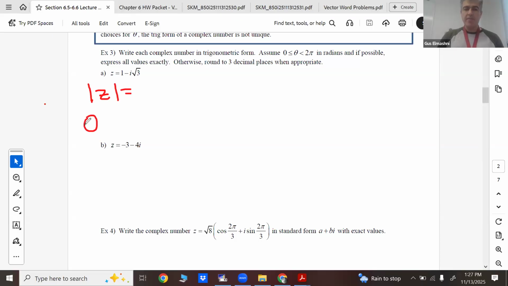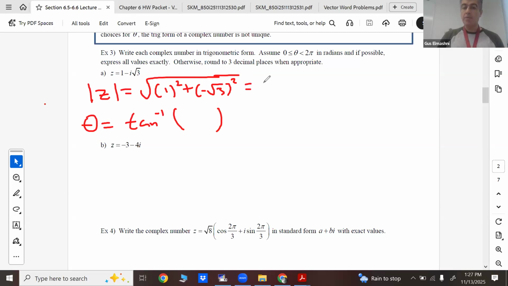And I also got to find theta. So how do I find the magnitude? Which by the way will be 2. And it's always a positive value, by the way. Always, always, always a positive value.